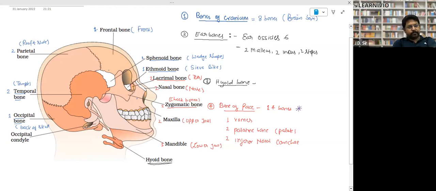So what does the occipital condyle do? What is it? Occipital condyle. Actually, the occipital condyle is basically a hole-like structure, right? So there is a girdle-like structure.